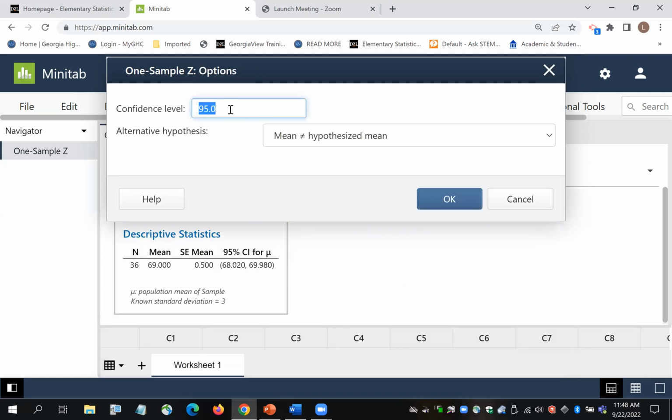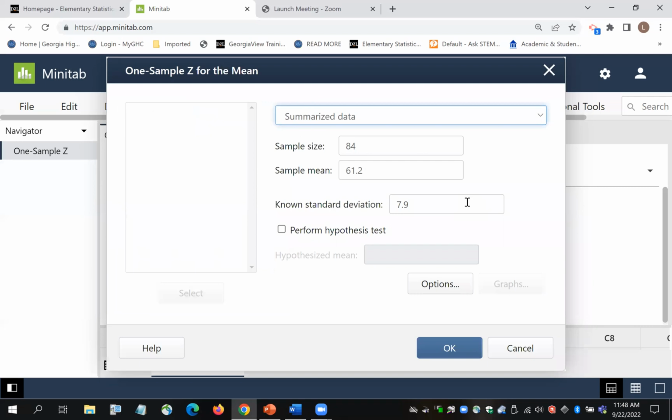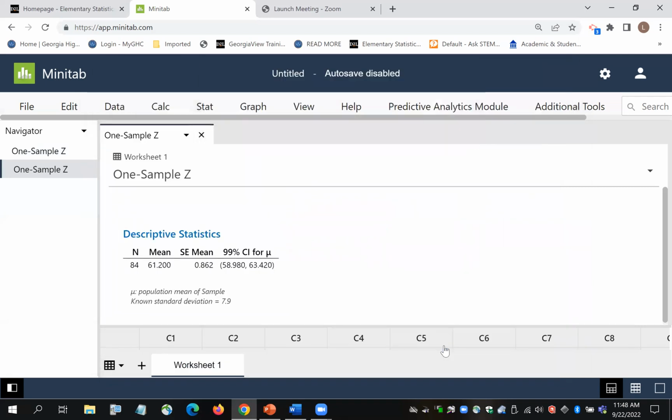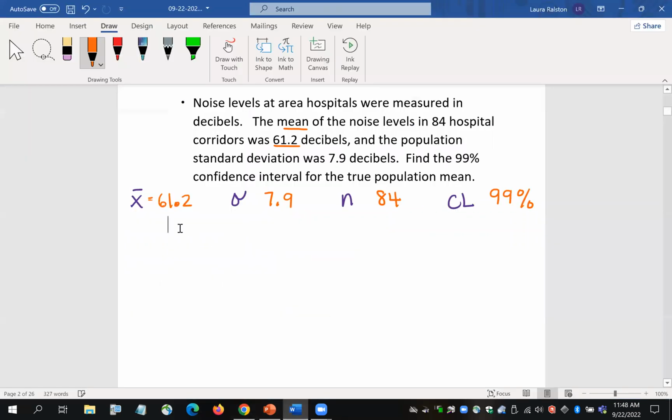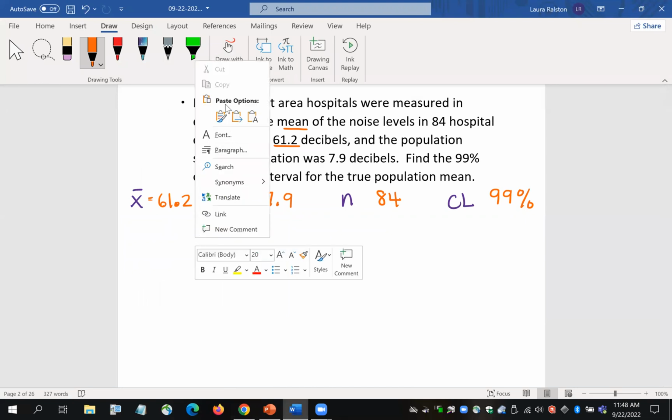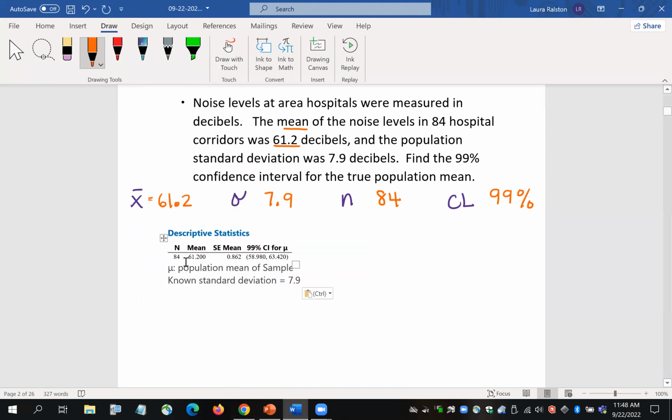Options, I need a 99, so we're going to type 99.0. My alternative should always be not equal for a confidence interval. Click OK. Click OK again, and it gives us the confidence interval. Okay, again, you can see my sample size was 84.